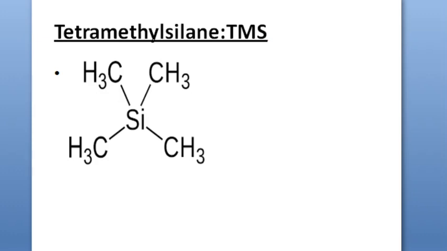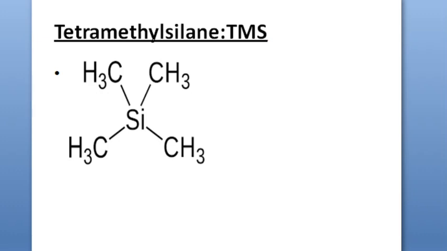So put together we have 12 protons in tetramethylsilane: CH3, CH3, CH3 and CH3. 4 CH3s are there, so in total it is 12 protons. All 12 protons are chemically equivalent. Therefore, it gives a very sharp and strong resonance line and comes very much upfield to any other hydrogen in carbon compounds.